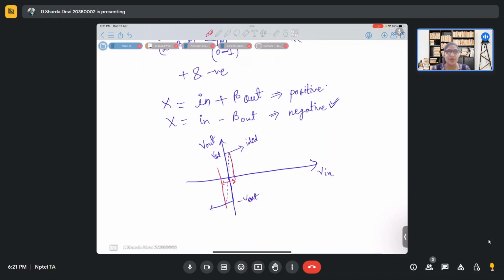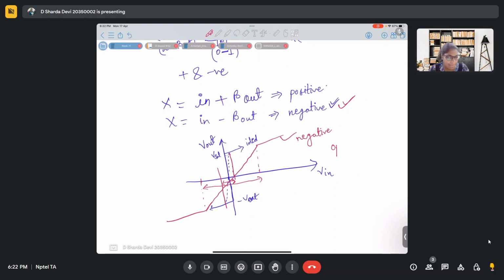So what we do is we provide a negative feedback. With this, it will extend your input range. After this range, you will see the saturation. So that is the basic idea behind using negative feedback. Beyond this range, it will saturate. So this is after negative feedback.